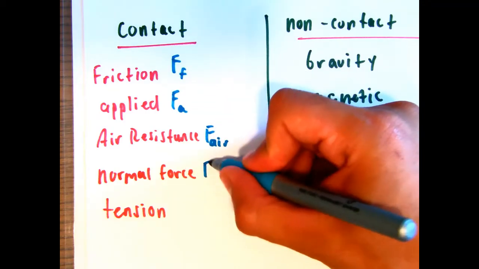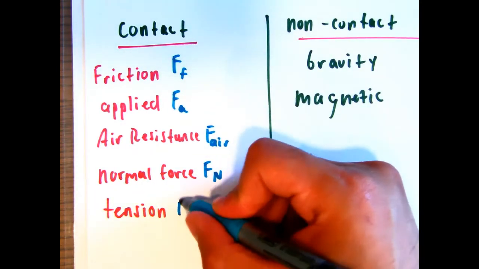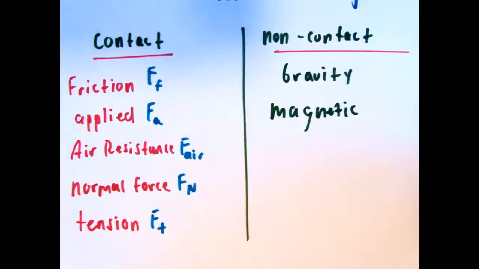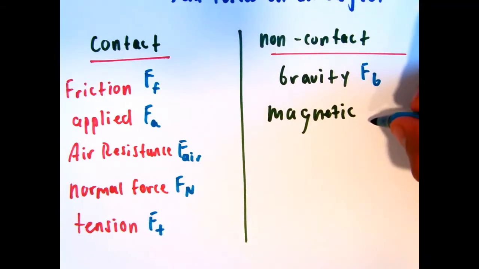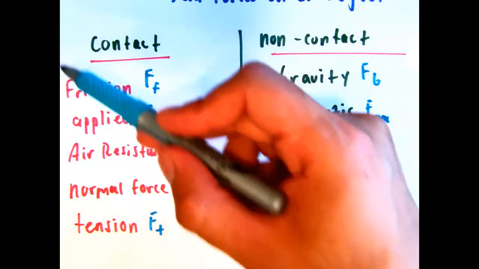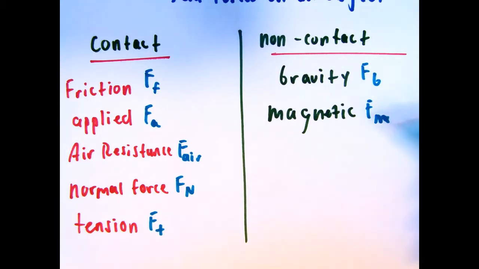For normal force, F of N. And you're probably already guessing this one, F of T. So Ft, Fn. Then we have Fg, and last of all, Fm. This letter really just comes from the first part of whatever we're dealing with. You won't really see this last one, but I just wanted to bring it up.